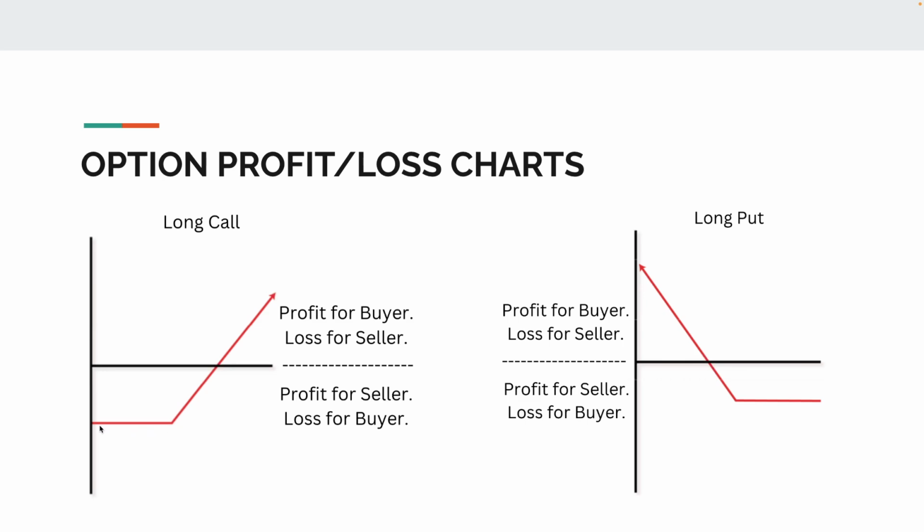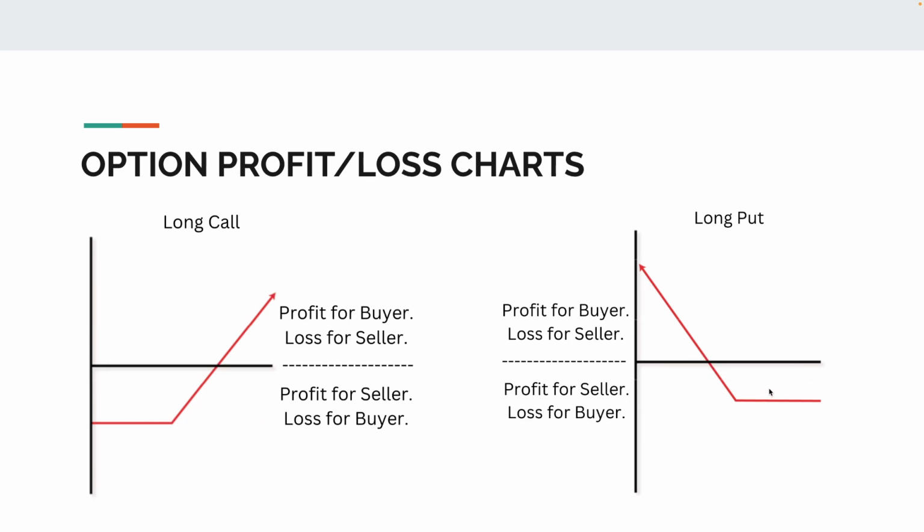Whereas if the stock did not go up in price, then the seller is going to profit from it. They're going to keep that premium that they sold it for, while the buyer will lose the money that they paid for the long call position.